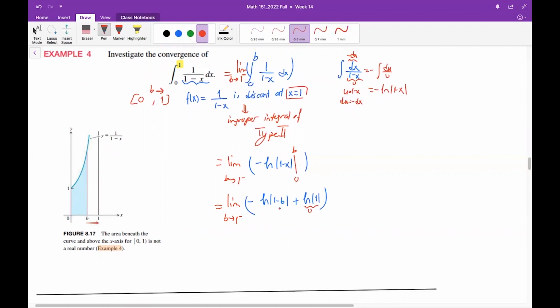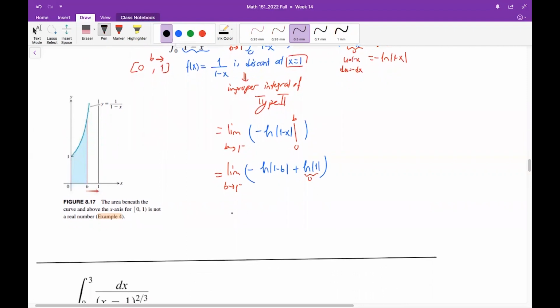So this is 0. And we need to remember the graph of the ln function to compute the result of this limit. This is ln x. Okay, ln 1 is 0. If b goes to 1 from the left, what happens to this part, 1 minus b? It goes to 0 from the right.